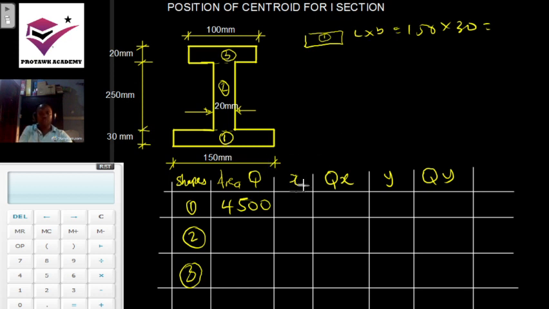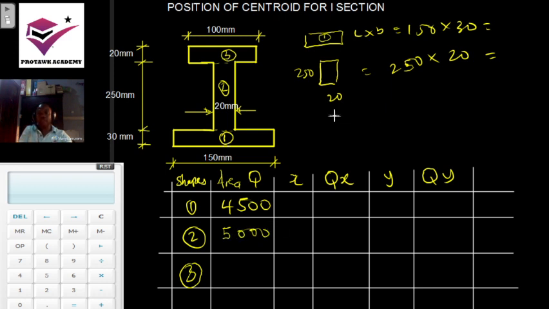Then the next one is the second shape. This one is 250 by 20. So using the same formula, we have 250 by 20. This will be 5,000.